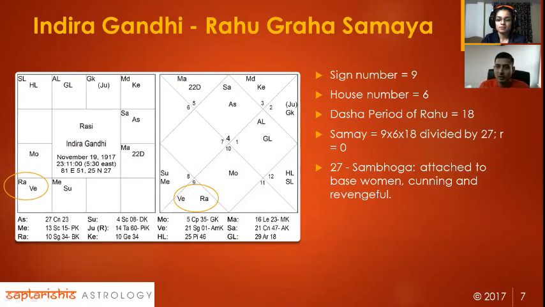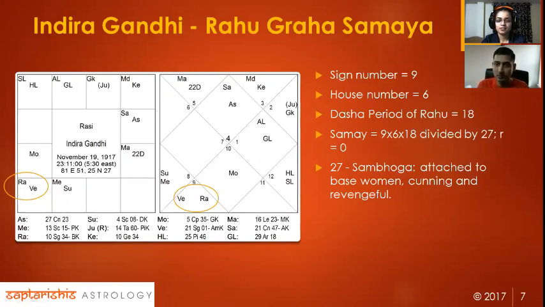Now, here we have to understand that astrology has to be applied based on Desh, Kal and Patra. She is a woman, so she cannot be attached to a base woman. For her, it should be attached to base men.